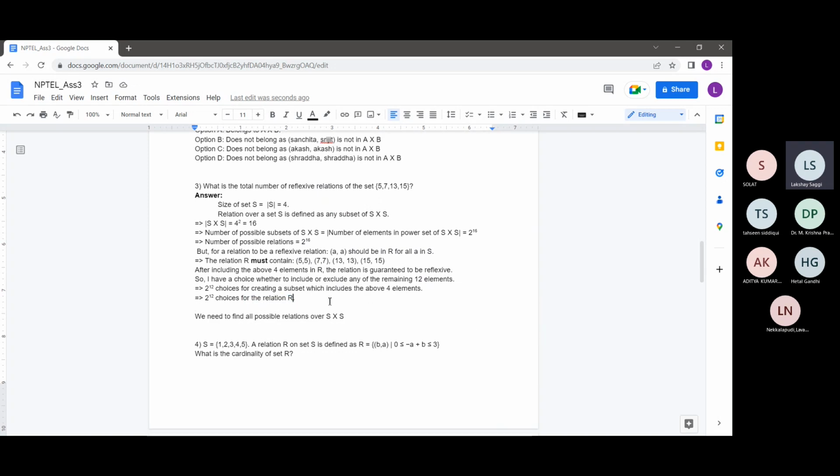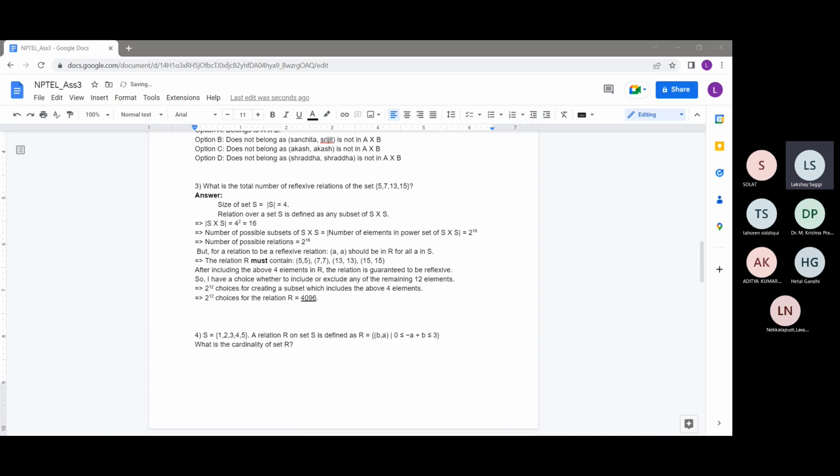Which comes out to 4096, which is the correct answer. So yes, 4096 is the answer. Aditya, you had written 2 to the power 12, which was correct.